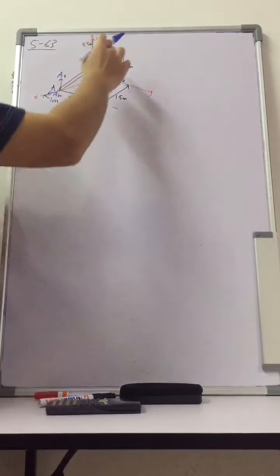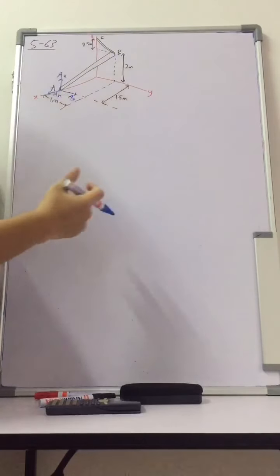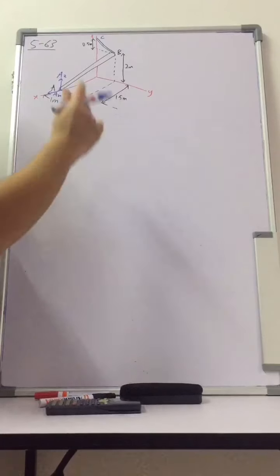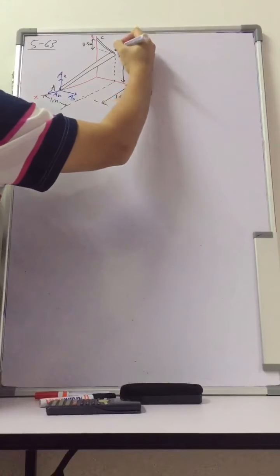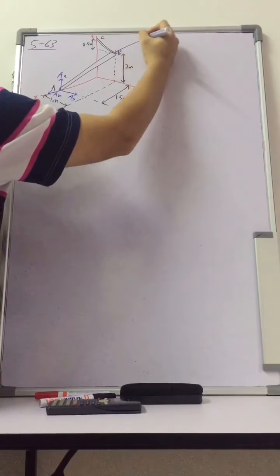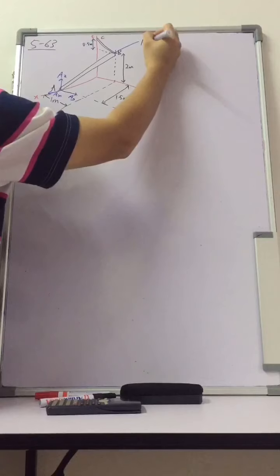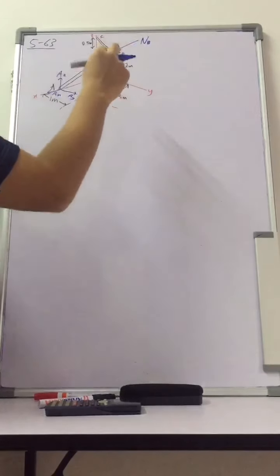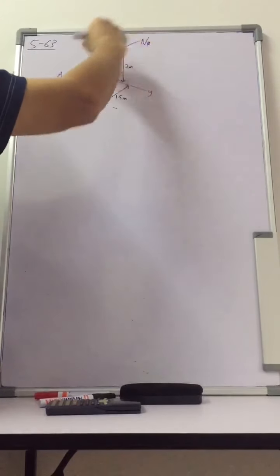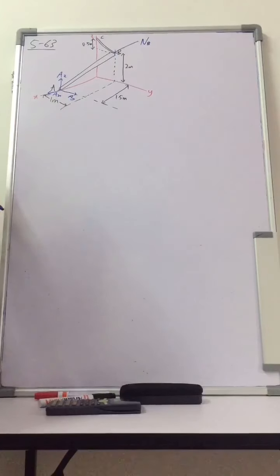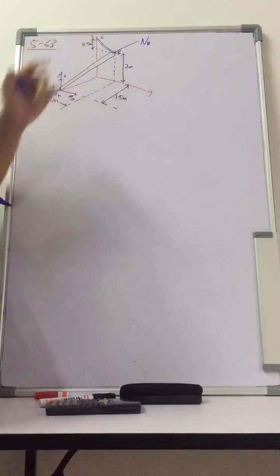And then at B, you have a smooth bar, so basically you have just a normal force. Let's name it NB, along the X direction, because it's normal. There's no friction because it's smooth.